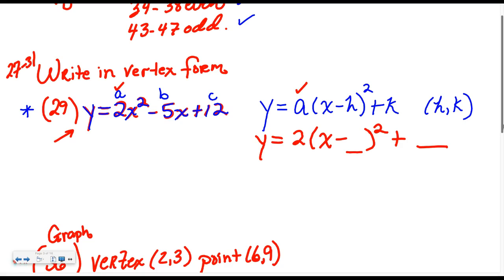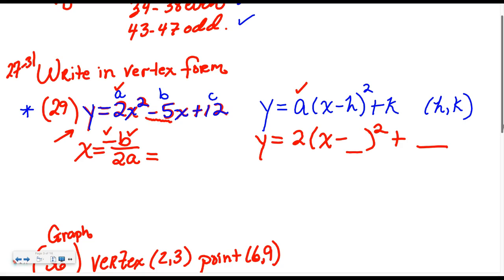So remember, you should have in your notes that the vertex is located on the axis of symmetry. To find the axis of symmetry, we use the formula that the x value is equal to the opposite of b over twice a. So I will need to take the opposite of a -5. Again, right here is your b, it's a -5.